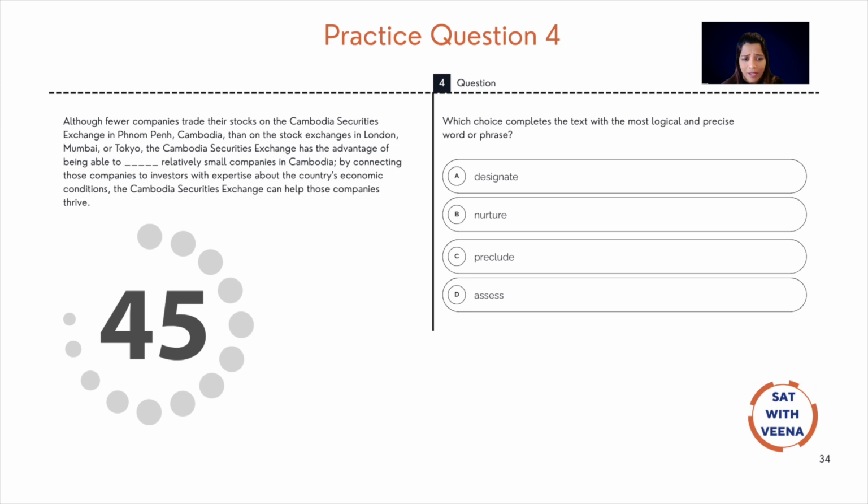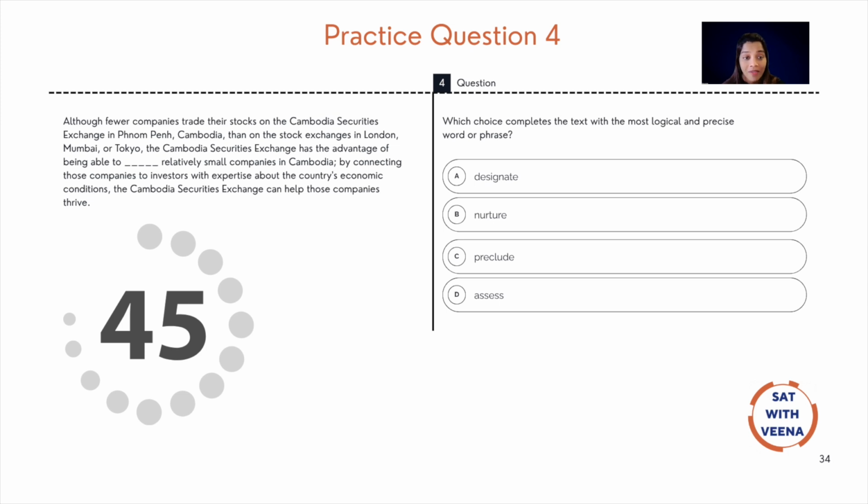Clues. Look at the phrase, help those companies thrive. That clearly suggests growth. Substitute. Designate, assign; nurture, help grow; preclude, prevent; assess, evaluate. Only nurture means helping something grow. So we eliminate all the other options and pick the correct answer B. Remember, no looking at answer choices first.